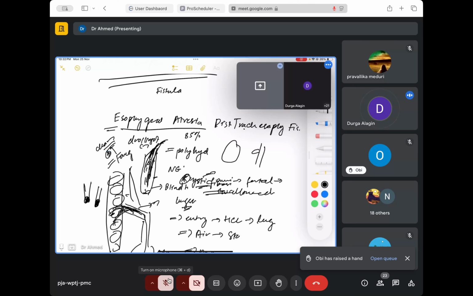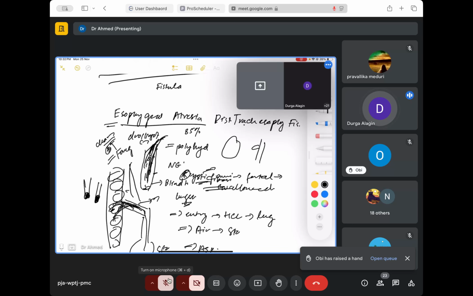Hello. So esophageal atresia is actually very common, and it comes with polyhydramnios in utero, because of the inability of the fetus to swallow the amniotic fluid. The diagnosis is failure of the nasogastric tube to enter the stomach.